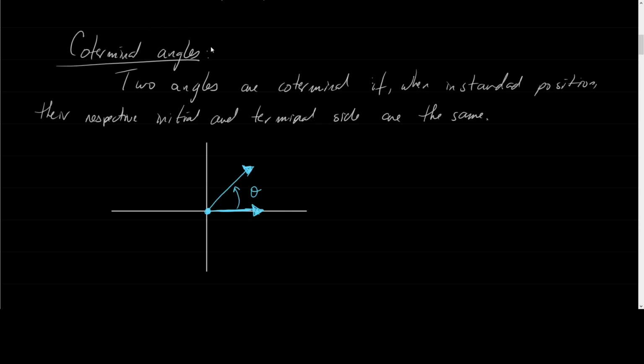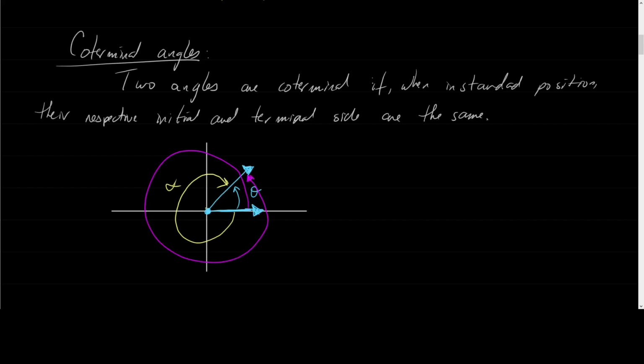But if we were to measure it going this way, perhaps I'll call that alpha. Alpha and theta are coterminal angles. They have the same initial side and the same terminal side. Because they have the same initial and terminal side, we would say alpha and theta are coterminal angles. Similarly, we could say something like this.